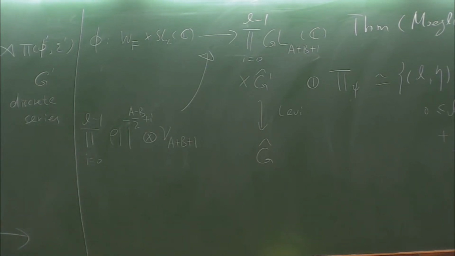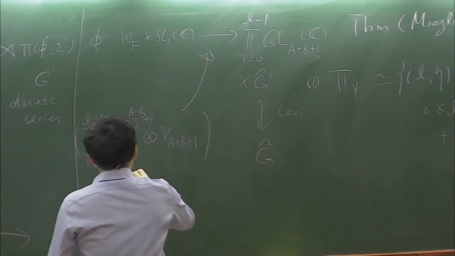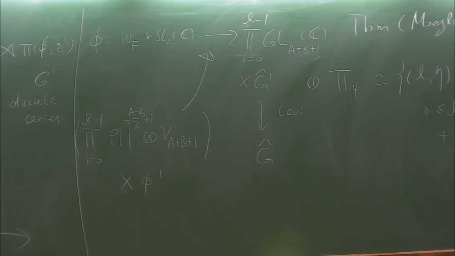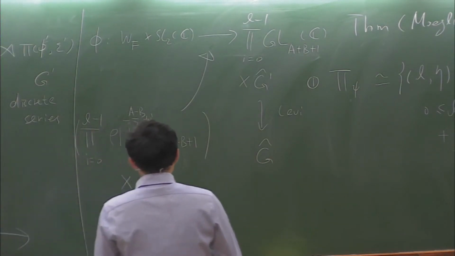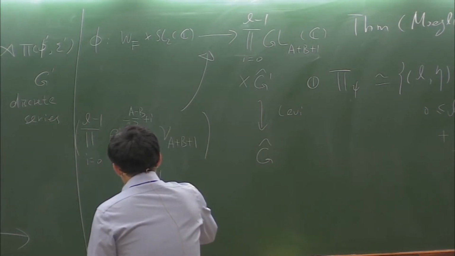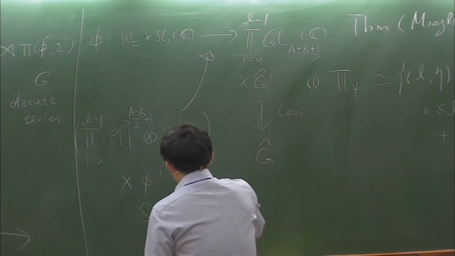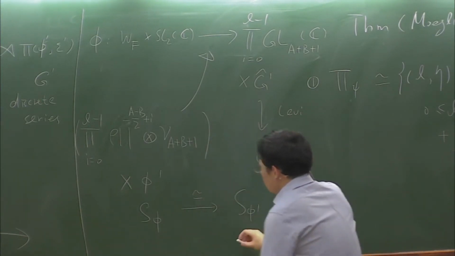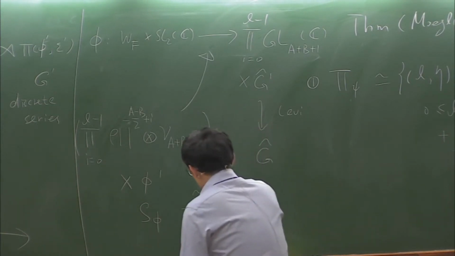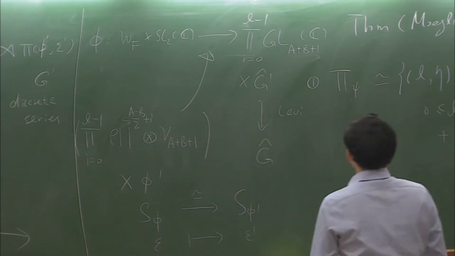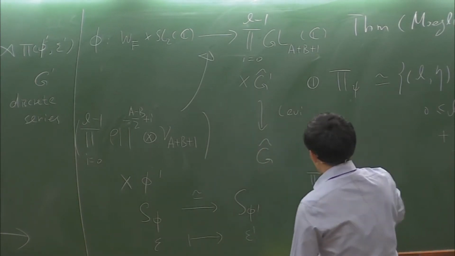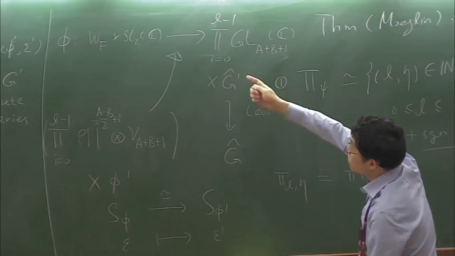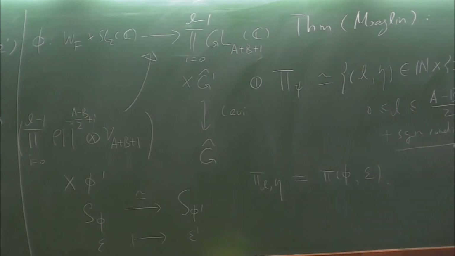So that's on the general linear factors, and then on this G prime, you have this phi prime. And moreover, in this case, we have a bijection between the centralizer of S_phi and the centralizer of S_phi prime. So this is an isomorphism. There we have this epsilon prime, which goes to epsilon. So the conclusion is that this representation pi(L, eta) has Langlands parameter just this phi and this epsilon.